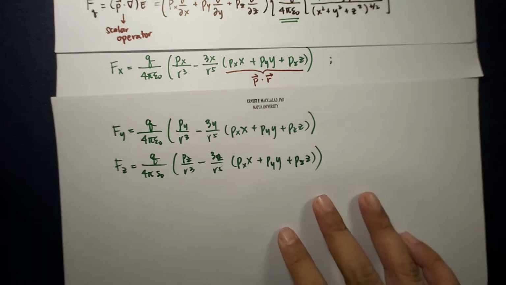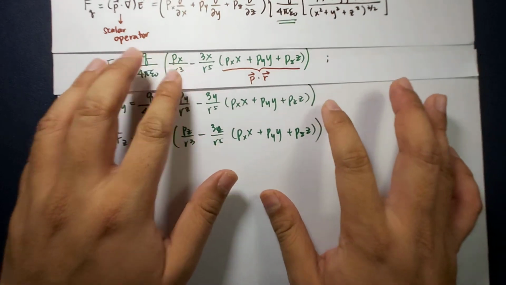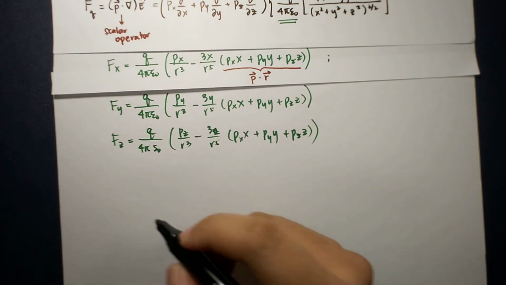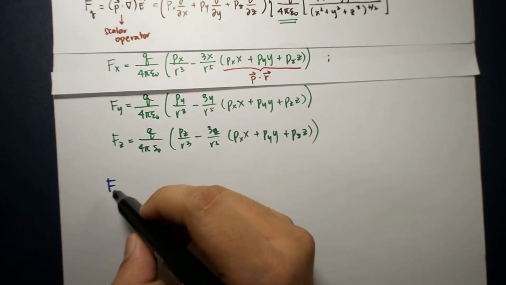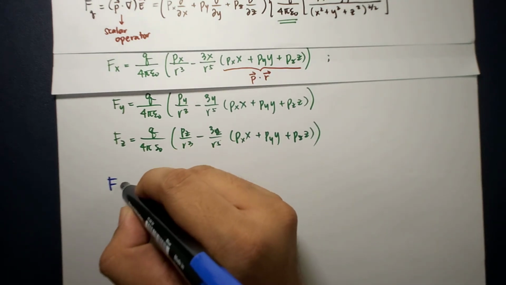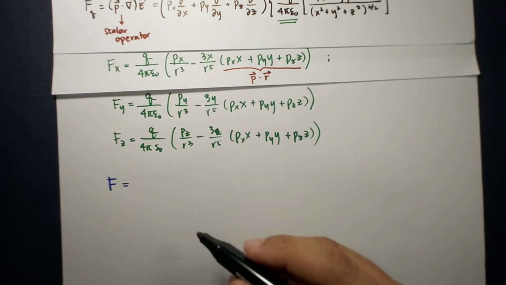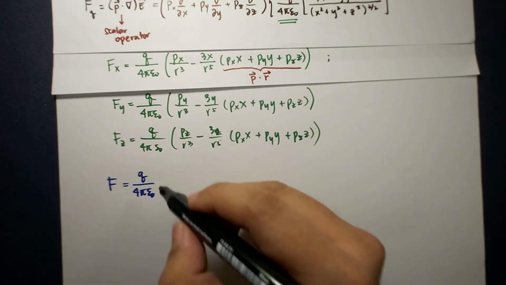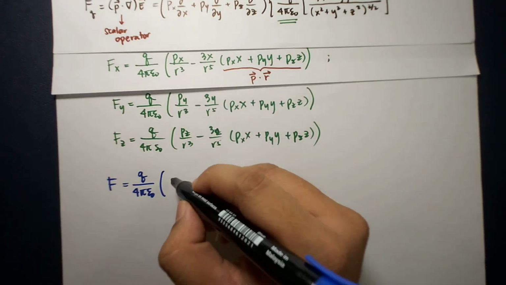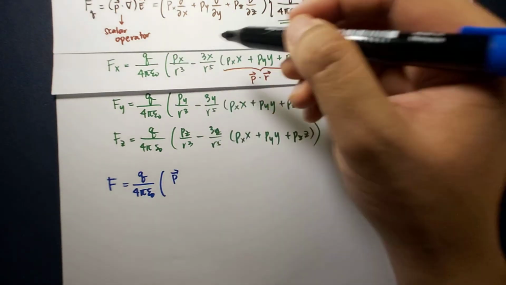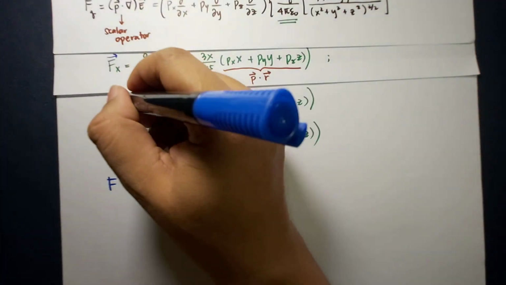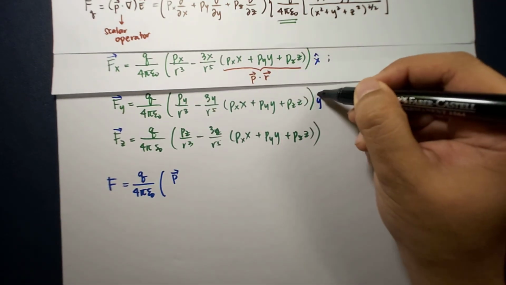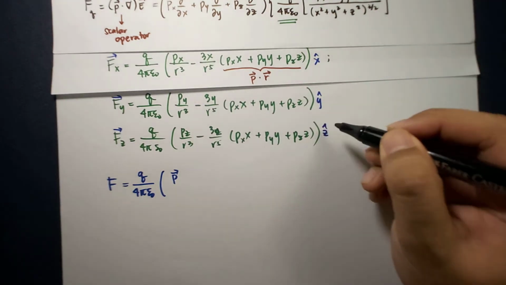Okay, so these three terms will combine as this one, F, which is equal to Q over 4 pi epsilon naught times P vector, because if you're going to make this a vector, you just add x hat, y hat, and z hat here.